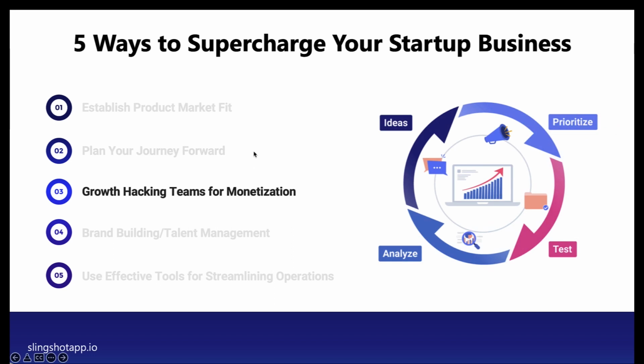Once you have your plan, you can then begin to execute, and this should be backed by growth hacking. This is where you're constantly running experiments and analyzing the results to increase your core KPIs.